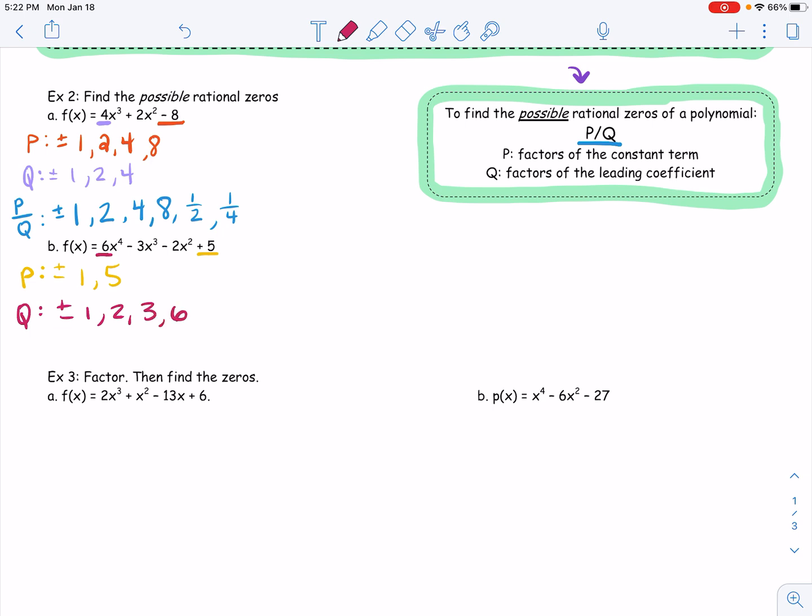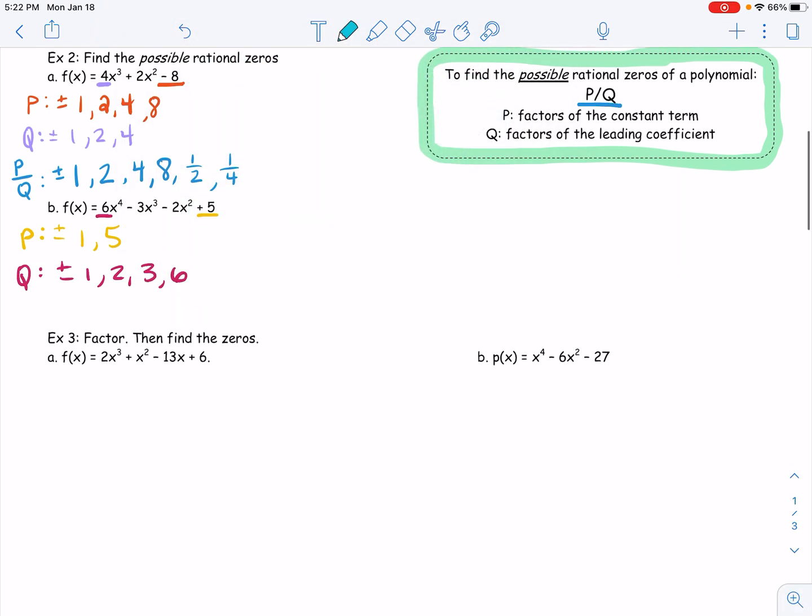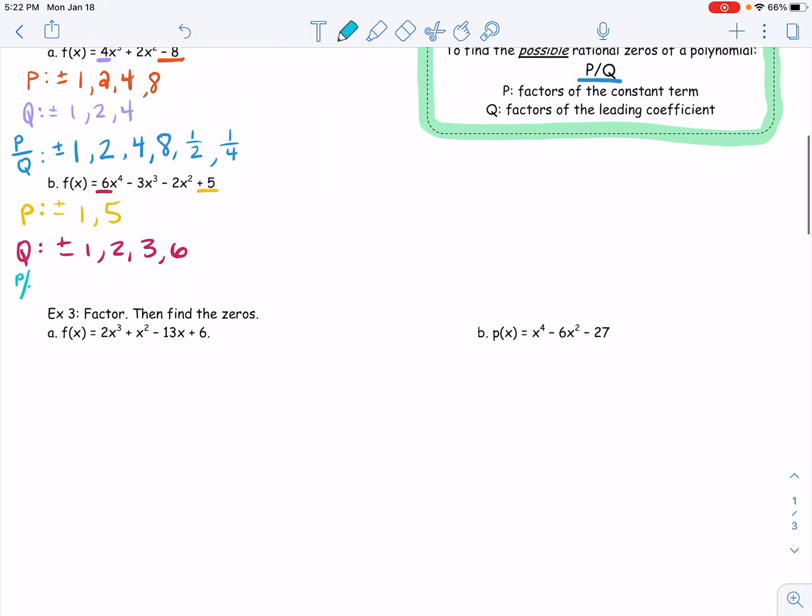So now I want to list out my P over Q values. So P over Q, again, you know it's always going to be positive and negative: 1 over 1, 1 over 2, 1 over 3, 1 over 6, and then 5 over 1, 5 over 2, 5 over 3, and 5 over 6.